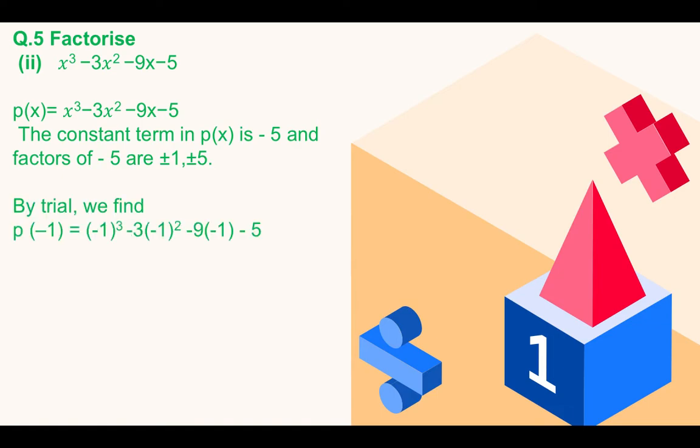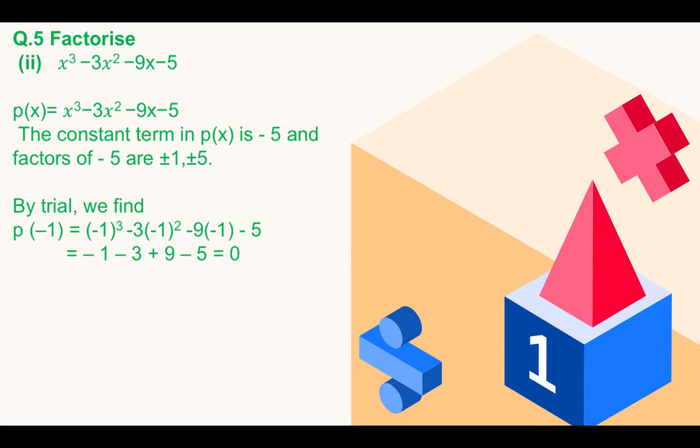So I'll put a as minus 1, taking x as minus 1 over here. I'll substitute the values, and I get the answer as 0. Why 0? You can see clearly. For x cube, I put the value of x as minus 1, so I write minus 1 whole cube, minus 3 multiplied by minus 1 square, minus 9 multiplied by minus 1, and minus 5.